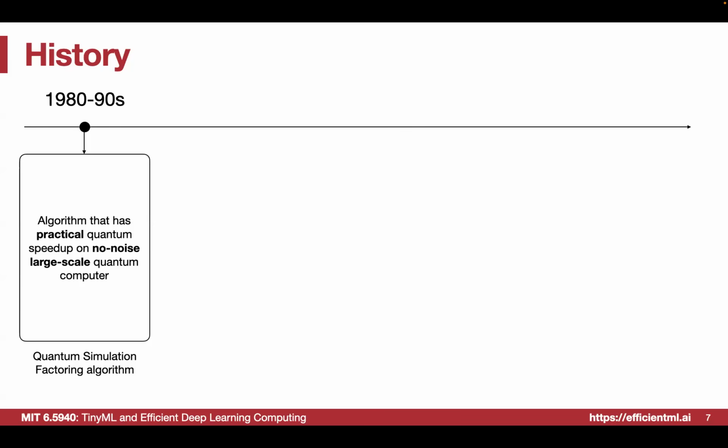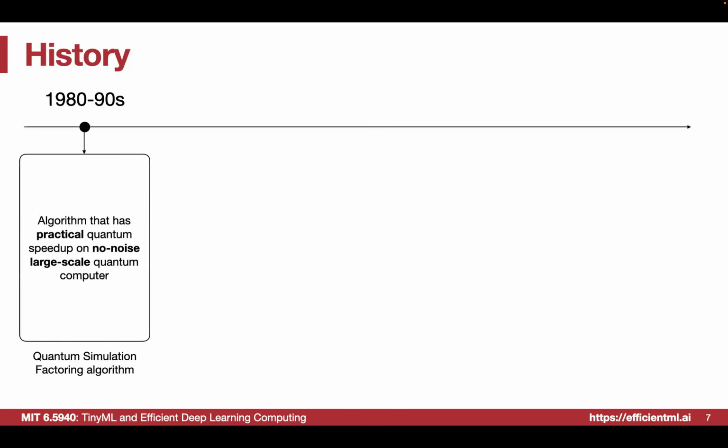The large number factoring problem is actually the foundation of today's cryptography, because the RSA algorithm is built on the assumption that very large integers are very difficult to factor. However, with this algorithm, you may ask whether tomorrow a quantum computer will break my bank account and steal all my money, right?